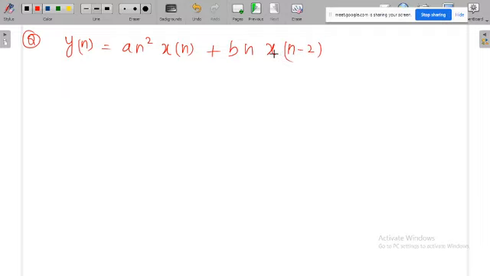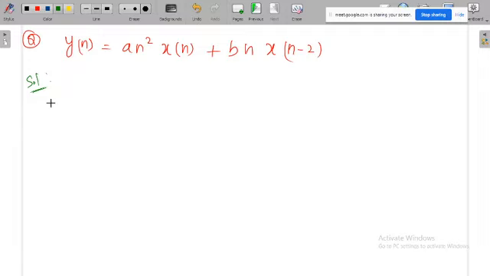Then what about the nature of the system? This system is linear because there is no operation on x. An addition operation is there, but that will not affect the linearity. There is no operation on x, so that's why this system is linear.